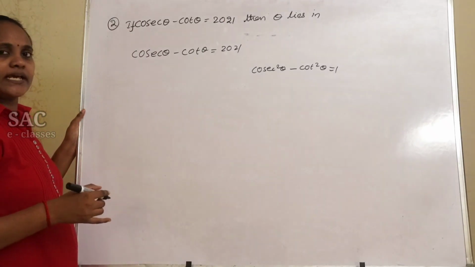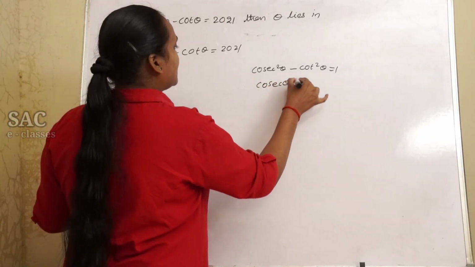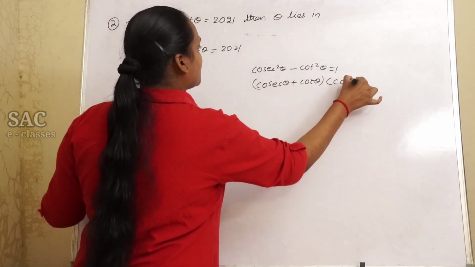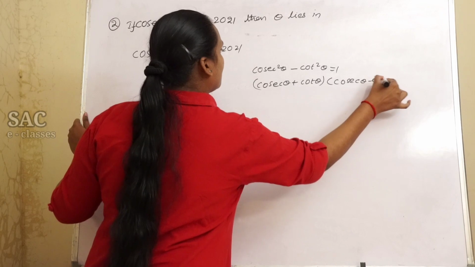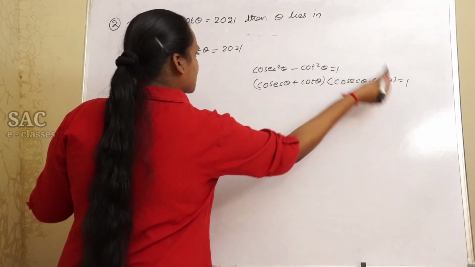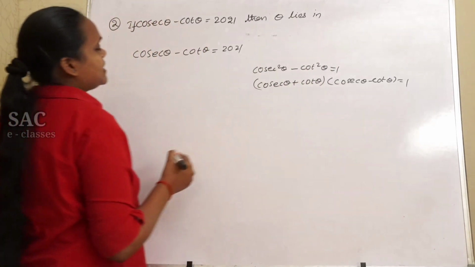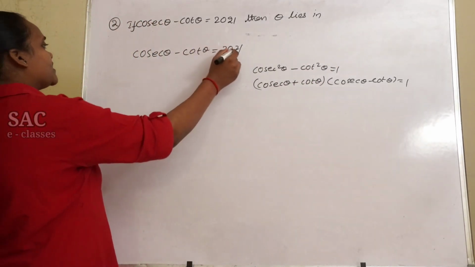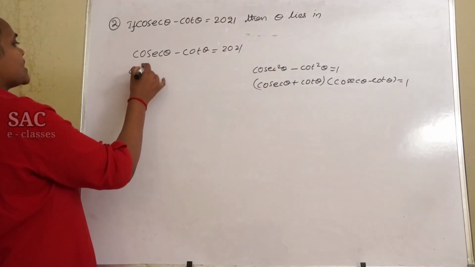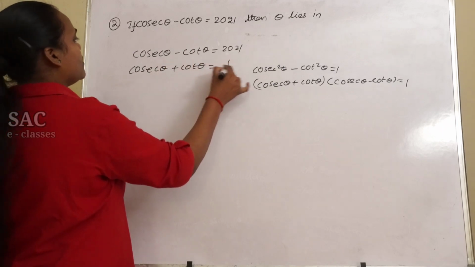It is looking like a plus b into a minus b. That means cosecant theta plus cot theta into cosecant theta minus cot theta is equal to 1. So if you observe, cosecant theta minus cot theta and cosecant theta plus cot theta are reciprocals of each other. If one is a, then the other value will be 1 by a. So cosecant theta plus cot theta value equal to 1 by 2021.